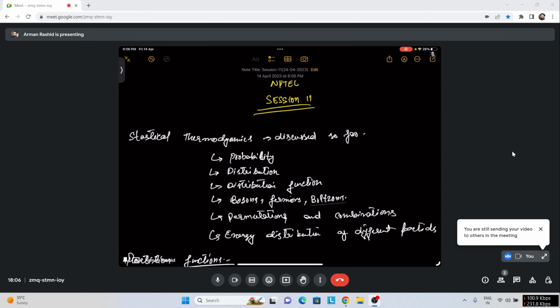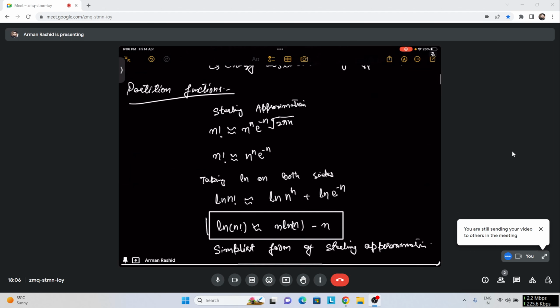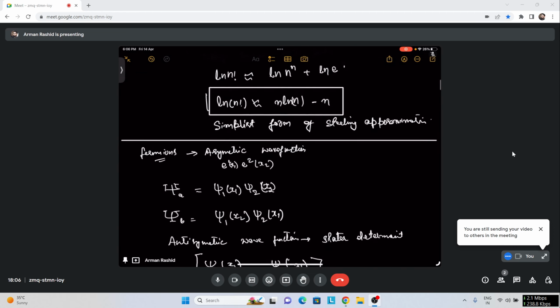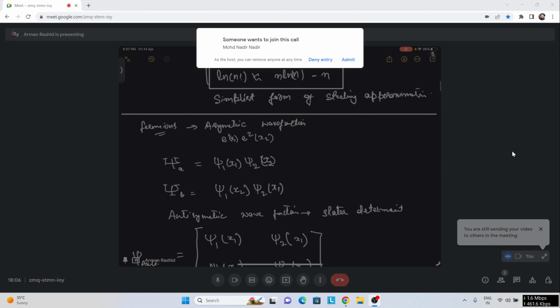Then we talked about the distribution and distribution functions, then the different types of bosons and fermions, permutations and combinations, and energy distribution of different particles. Today I first told you the importance of Stirling's approximation in quantum mechanics, and then also about fermions and bosons.